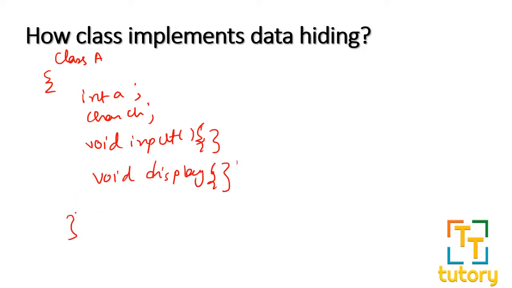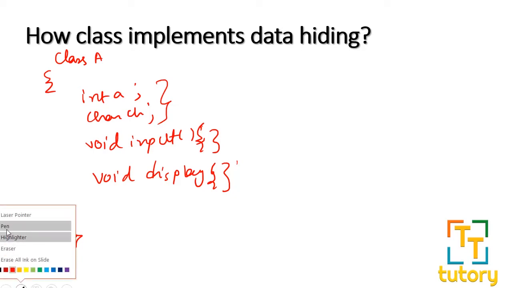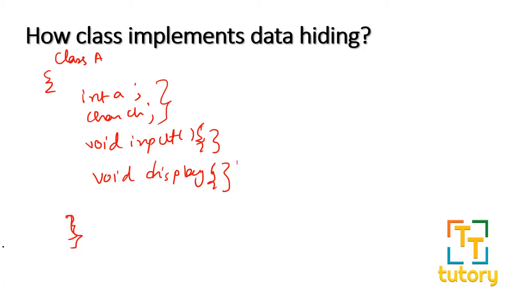Now if you want to access these data members, or if you want to manipulate the data of this class, you cannot access it directly. We can only access the members through these methods.